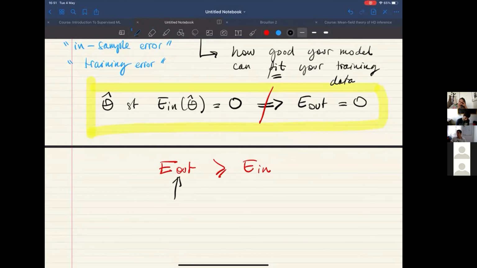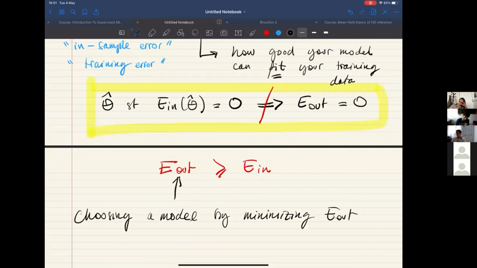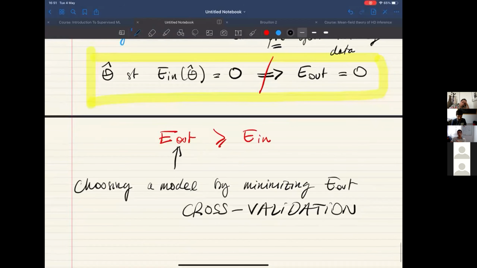And so choosing a model by minimizing the test error is called cross-validation. Okay, and this is the single recipe to choose a model among different classes of model.